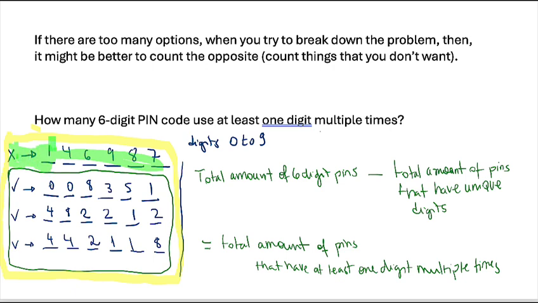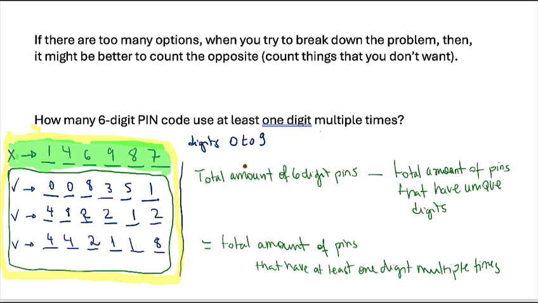So I want the opposite. I don't want the pins that have single digits in each position. Then you are left with what you want. Okay? So this is the reasoning that we're going to do.